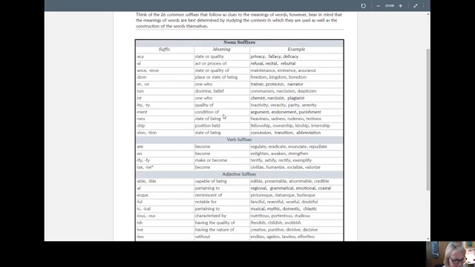And remember, that means it can be the state, the appearance, the quality. So argument, the state of arguing. I'm in the middle of arguing. I'm having an argument.